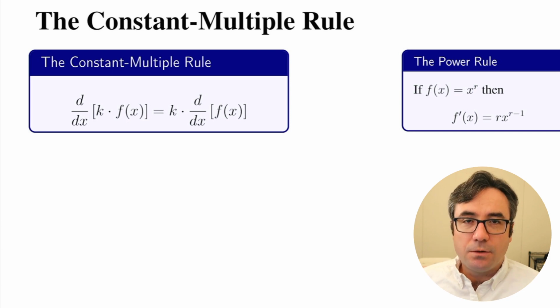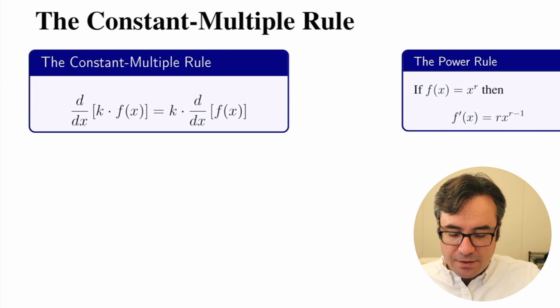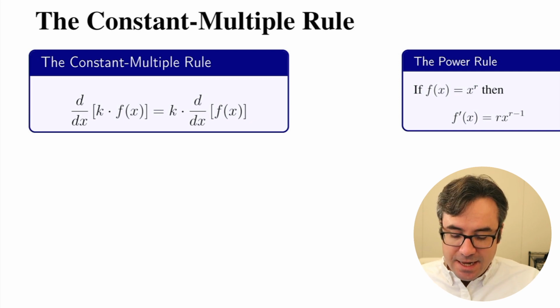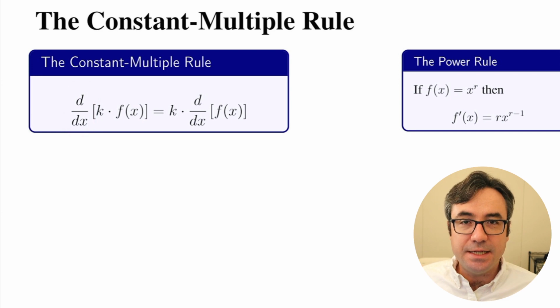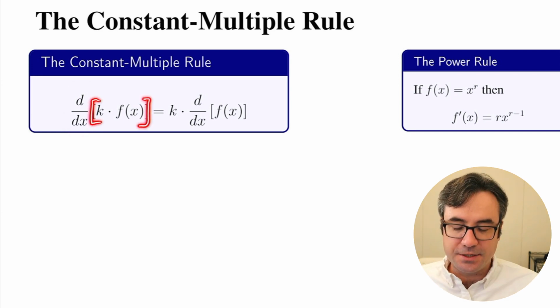But now we're going to start looking at some more basic derivative rules that are going to allow us to differentiate some other things. And so the first one of these is the constant multiple rule. Essentially what this says is, if we want to differentiate, so that's what that d dx means, it's just calculate the derivative of what's inside the brackets here.